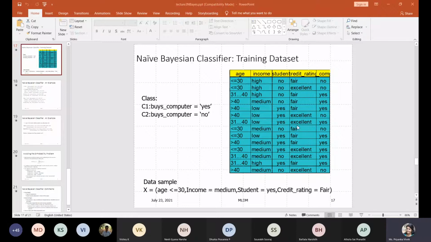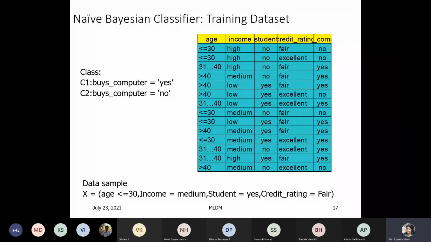Okay. So let us just quickly see that question and then we'll move on. This was the question given to you. There was a training data set where we have 4-dimension data, that is, 4 attributes, and 14 instances.